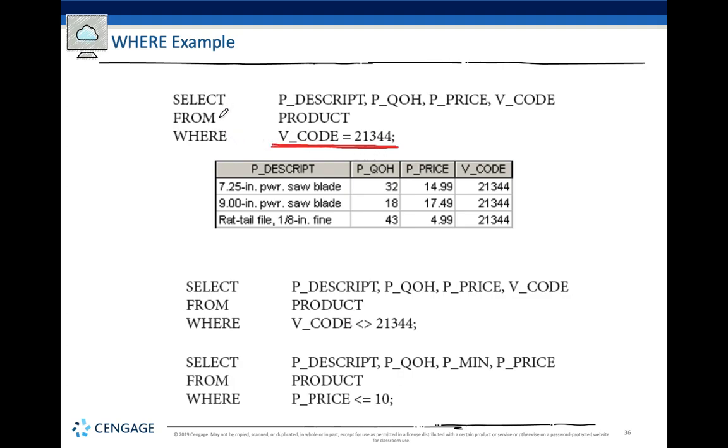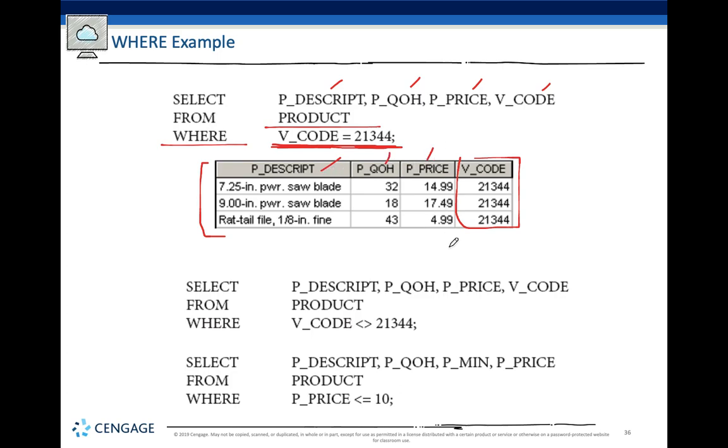So we say select description, quantity on hand, price, and vendor code from the product table where V code equals 21344. So we get back only those products that are being supplied by this particular vendor. And there are 3 products here. We get the information on those 3 products.